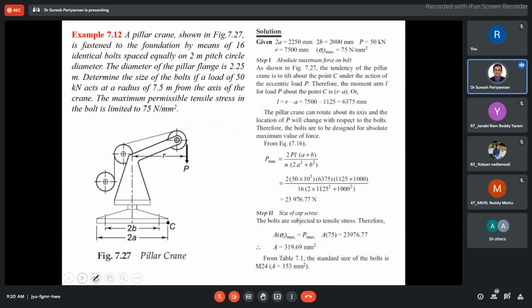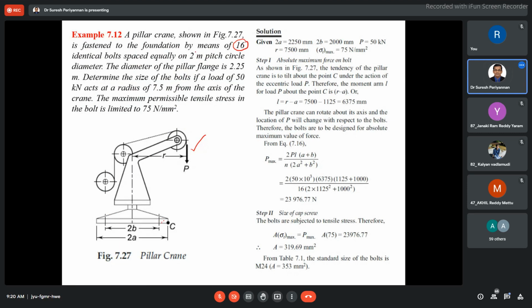Now I come to the last problem. In this problem, a pillar crane is shown. See here, the pillar crane is fastened to the foundation by means of 16 identical bolts, which we are using to hold the circular base, equally spaced on a 2 meter pitch circle.